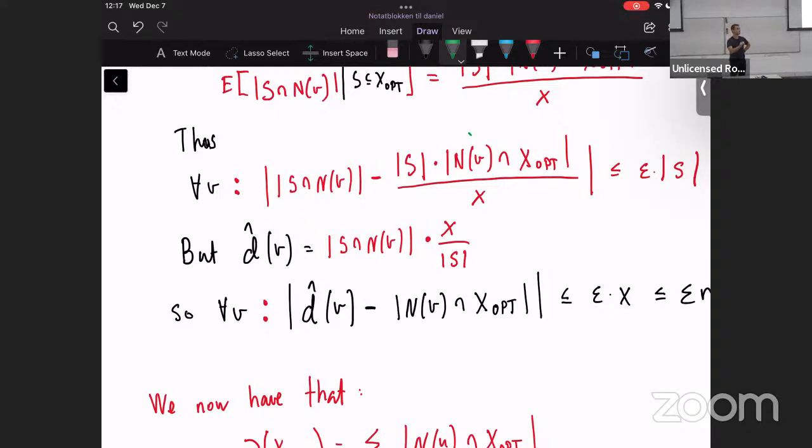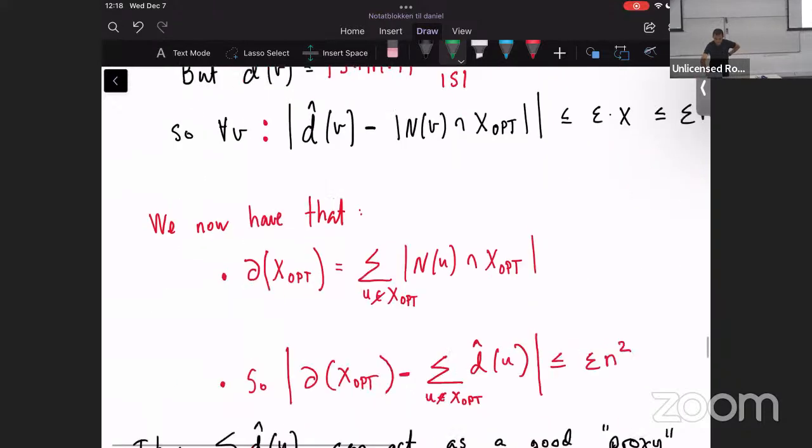Yeah. So that's really what you care about: if the sample size is off from what it should be in expectation by epsilon times the size of the sample, then you'll end up with the estimators being off from their true value by at most epsilon n additively.